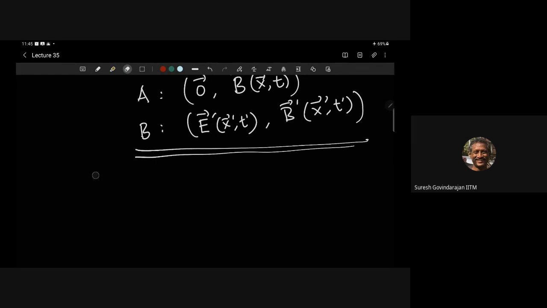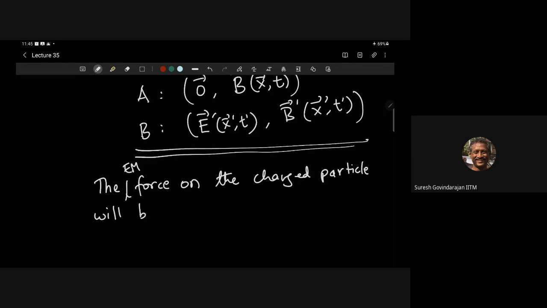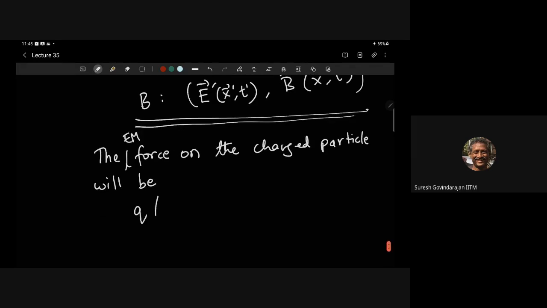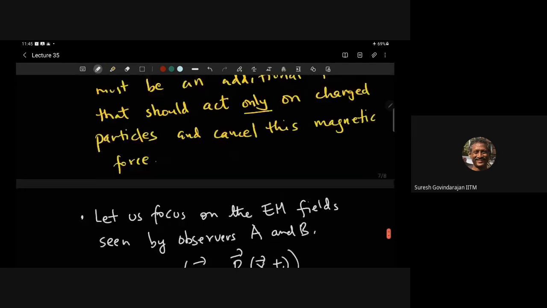So the electromagnetic force is Q into, this is the electric force, plus minus U cross B prime. Do you agree with this? Because it's moving with minus U. So it's a little better than this, right?